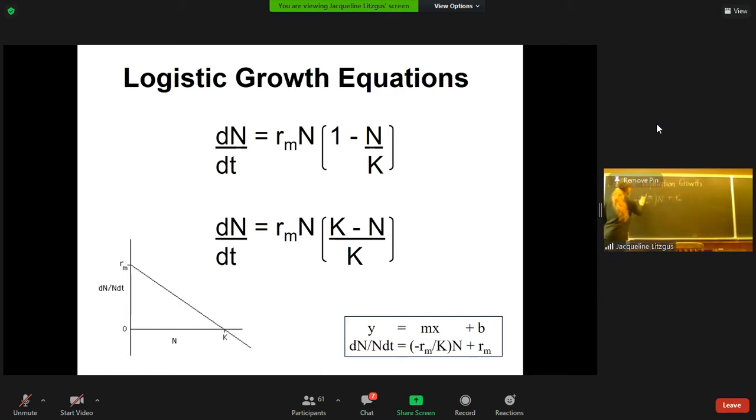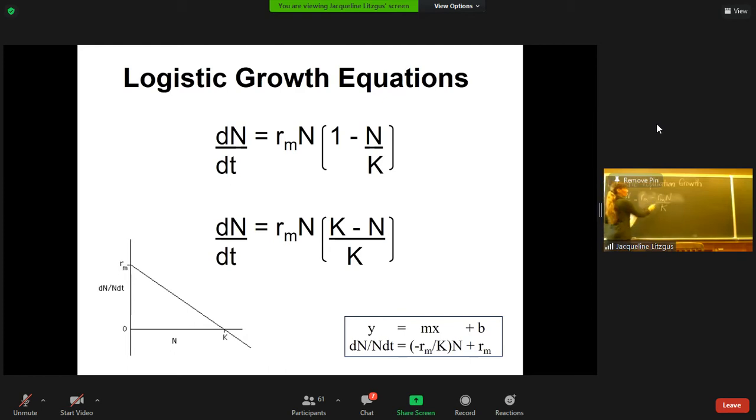Okay, so I'm just going to erase it and rewrite it here. So Rm minus Rm N over K. Again, I basically switched it around so that we don't have a negative at the start of this side of the equation. Then the next thing to do is factor out the Rm.